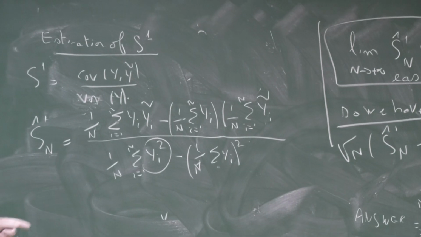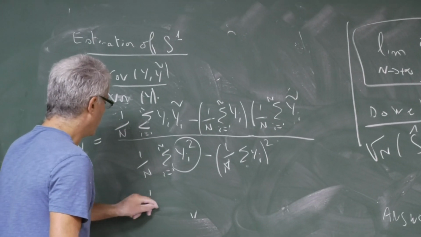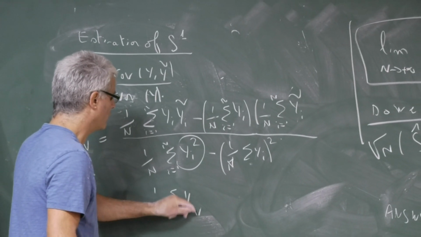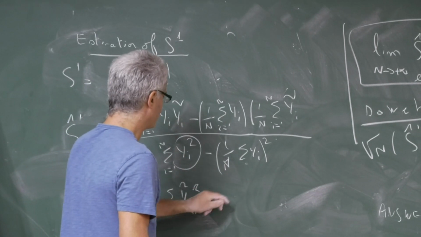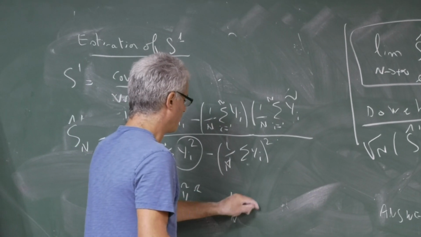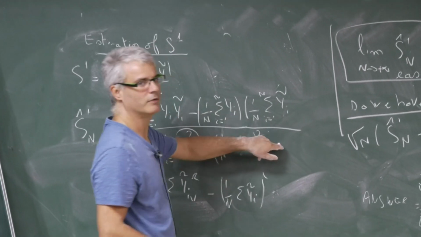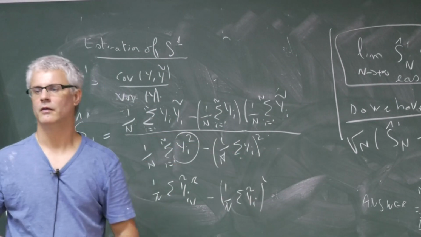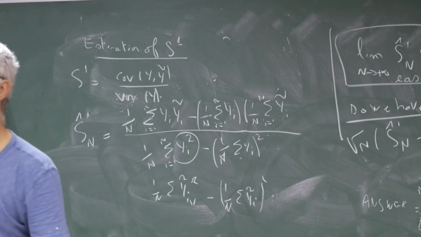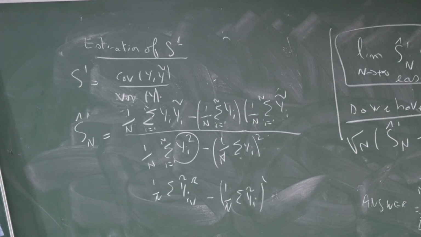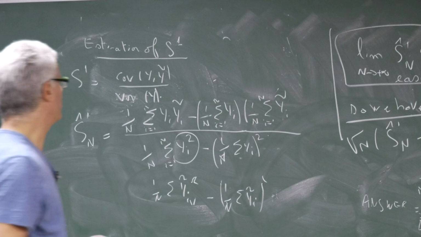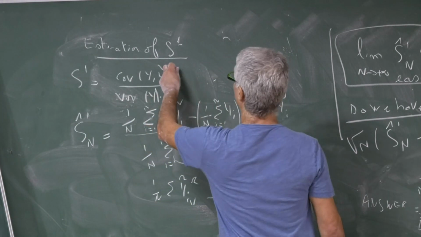So here you can add the y tilde variables to estimate the variance. In that case, you will improve your estimation of the variance a little bit, and it's also true here.